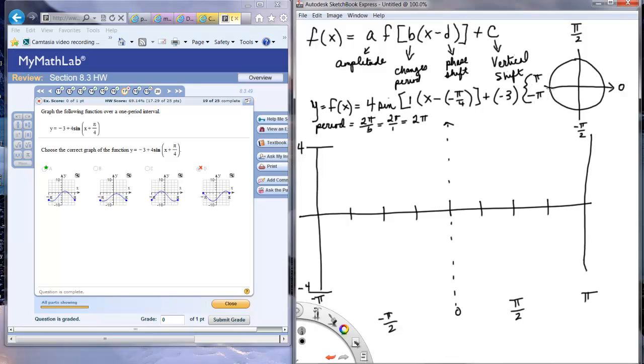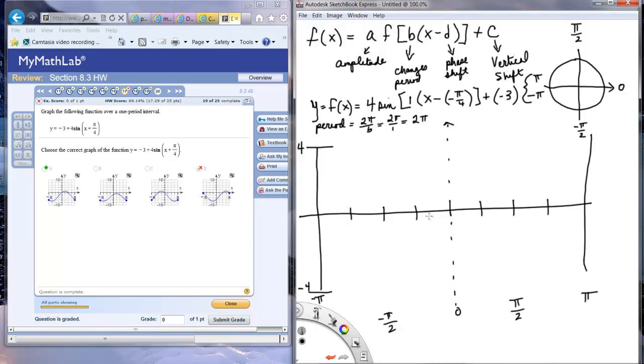And this reflects that we're going from negative pi to pi, which means we're traveling this way. We're starting and ending at the same point, but we're going in the positive direction. So let's consider for a moment just sine of x. We'll figure that out, then we'll shift it, and then we'll apply the amplitude.